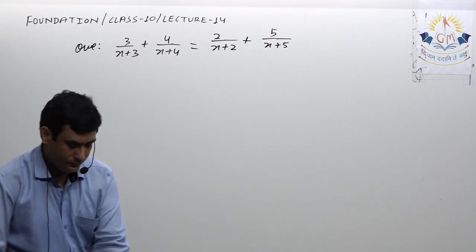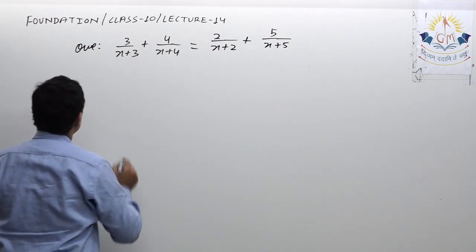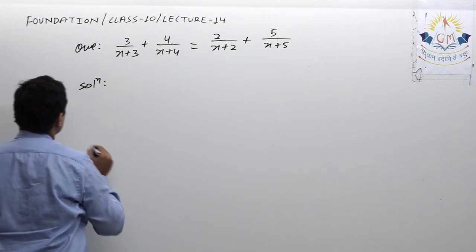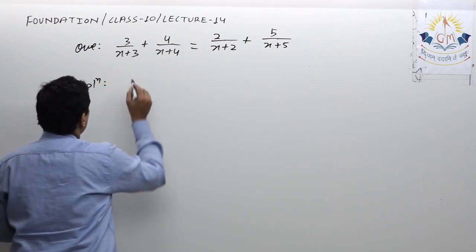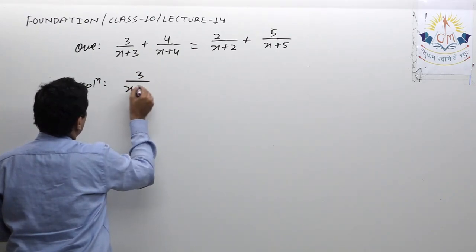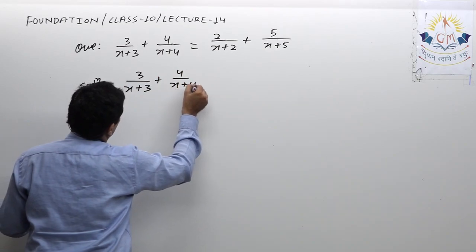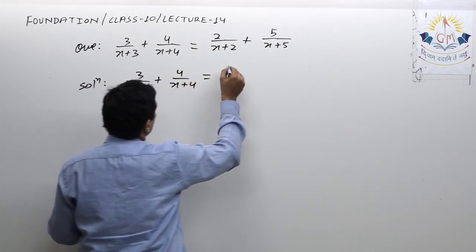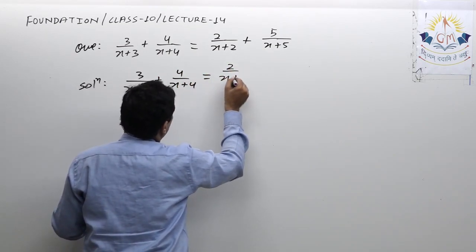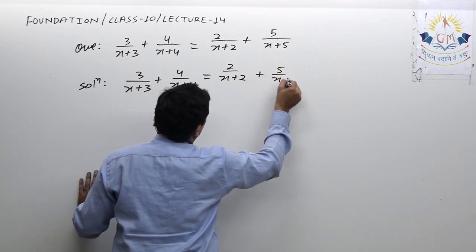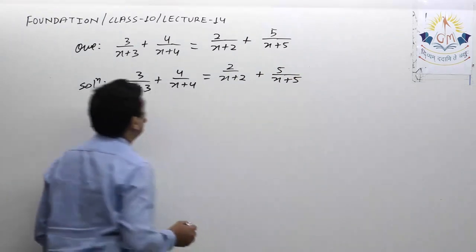Okay, so let's see how to solve this. 3 upon x plus 3 plus 4 upon x plus 4 is equal to 2 upon x plus 2 plus 5 upon x plus 5.